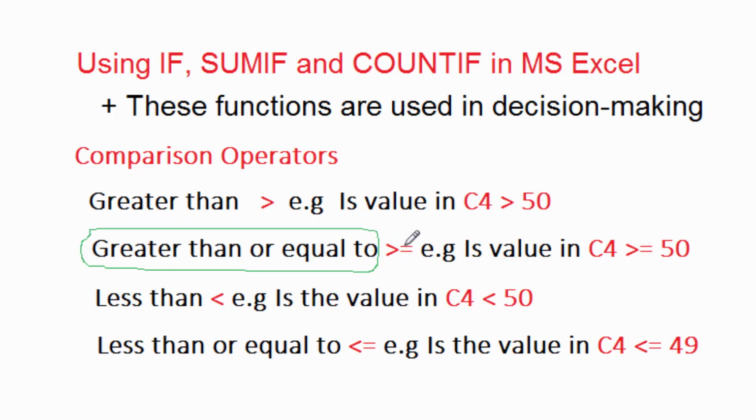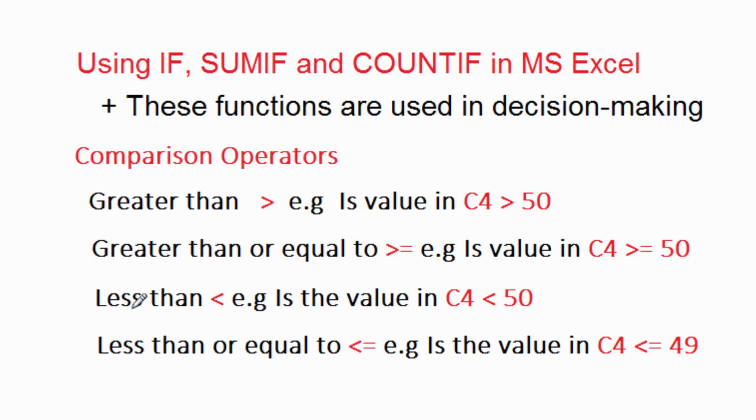The first one is we are checking, for example, in cell C4 if what is in there is equal to 50. Second, we are also checking if what is in C4 is greater than 50.